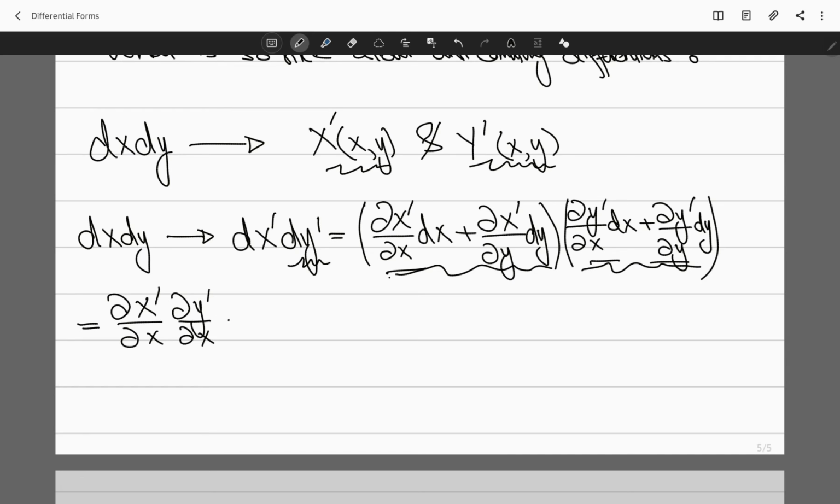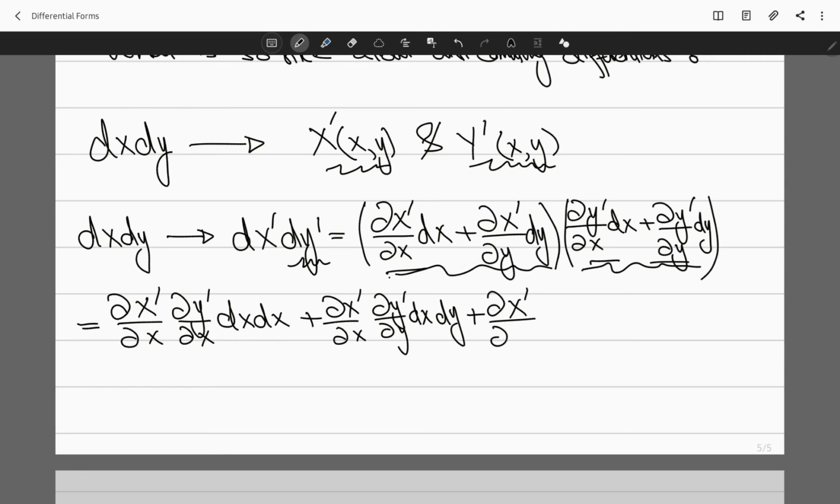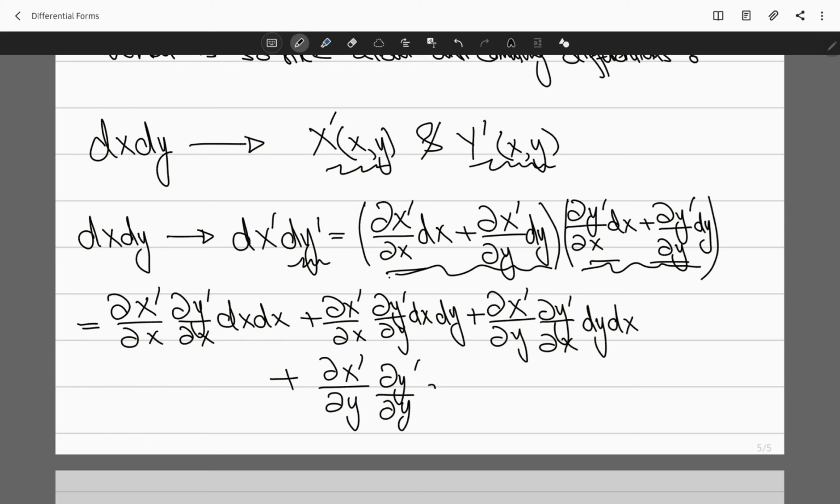Okay, so then I would have dx plus partial x prime over partial x times partial y prime over partial y dx dy, plus partial x prime over partial y times partial y prime over partial x dy dx, and the last term would be partial x prime over partial y times partial y prime over partial y dy dy.